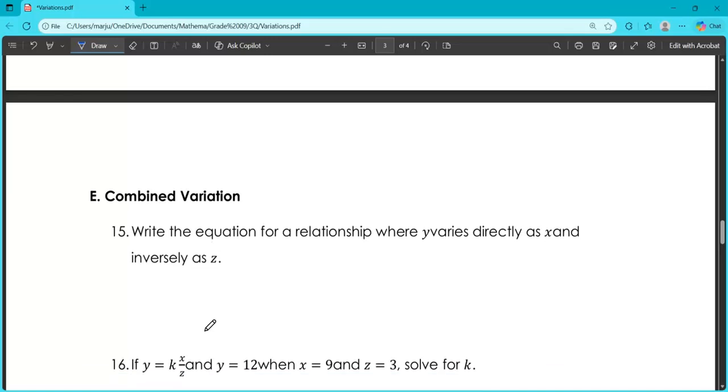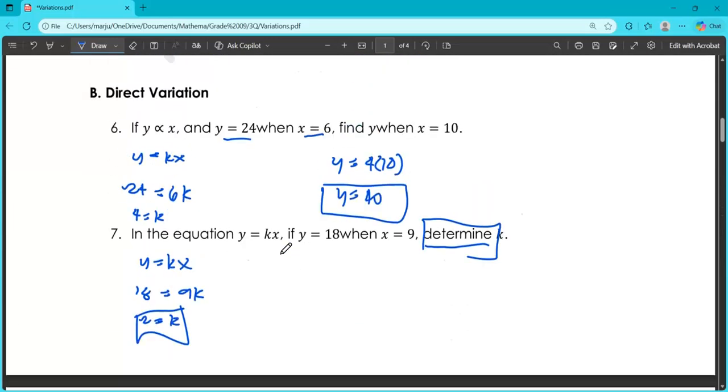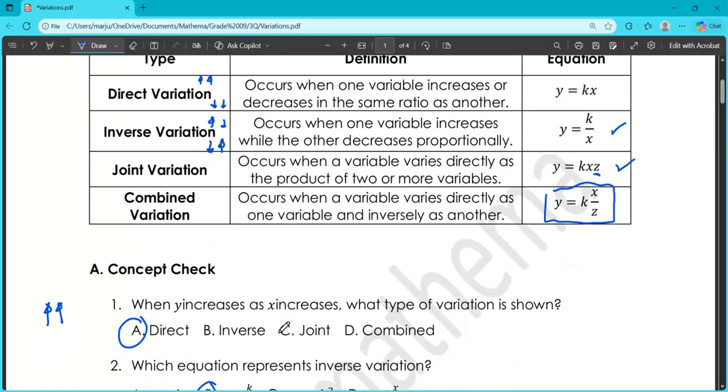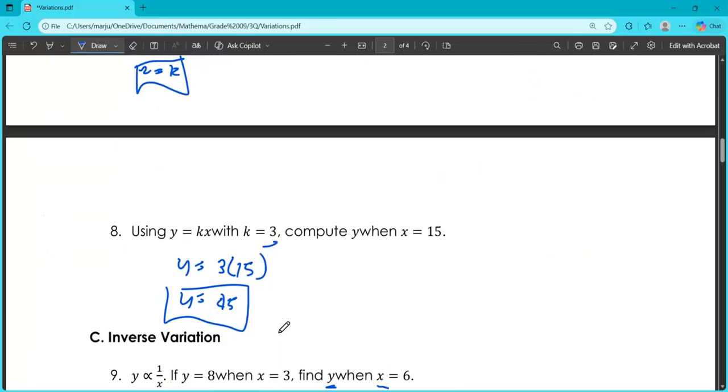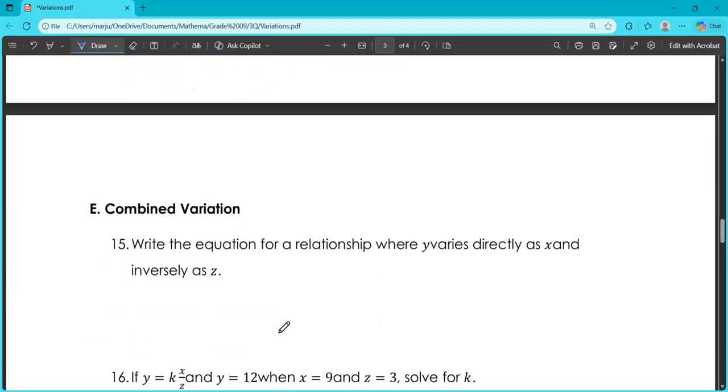Let's do combined. Going back here, when you say combined, it's a combination of inverse and direct variation. So we have this formula, y is equal to k times x over z. So we're going to write that for number 15. Again, that will be our combined variation.